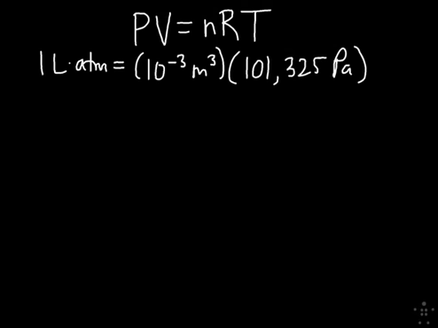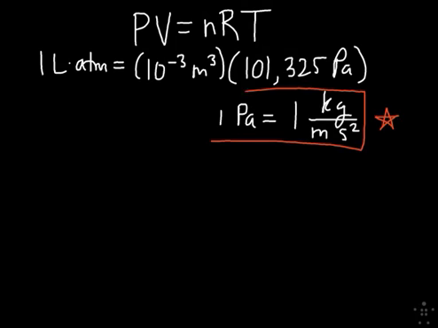You can start to see where the 101.325 is going to come from. 1 pascal equals 1 kilogram per meter second squared. Now, very important note, this is listed wrong on the equation sheet, so please make sure that you have this written down right in your notes, and I will fix it on the equation sheet before the exam. On the equation sheet, I think it says kilograms times meters per second squared, but it should be kilograms per meter per second squared. So that's 1 pascal.